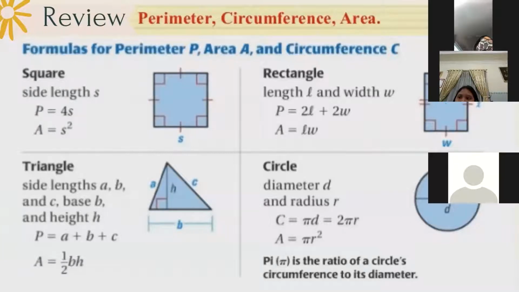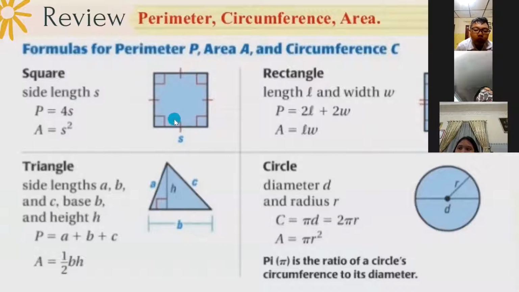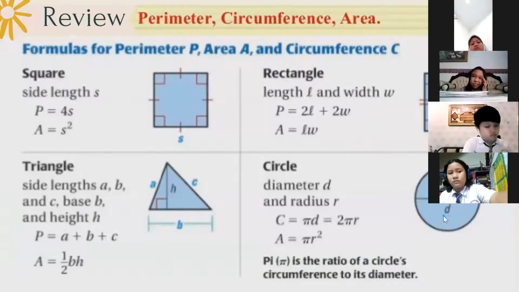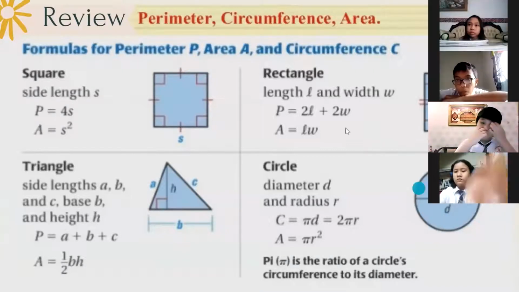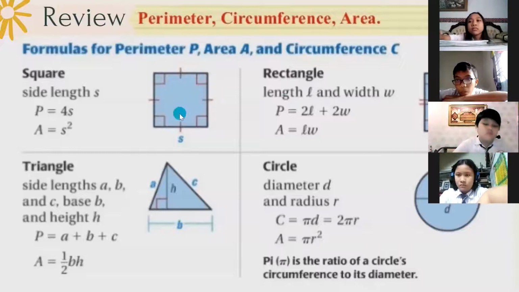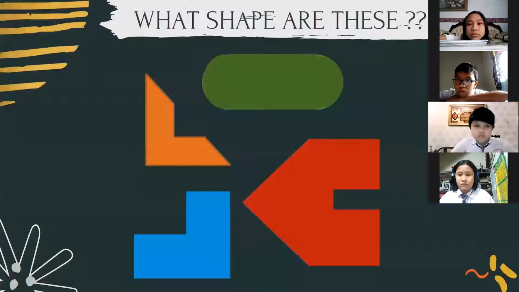Okay, basic figures are square, triangle, rectangle, and then circle. And I hope you already understand how to find their perimeter and their area. Okay, so now we can enter this new topic.